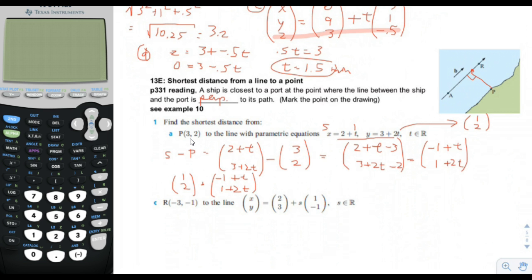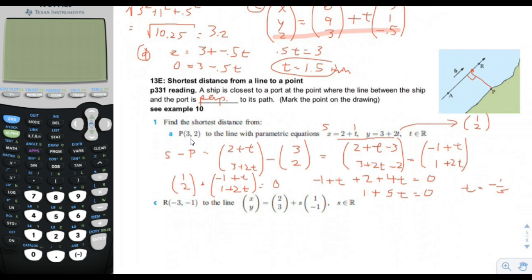If it is 0, then its cosine is 0, and we know it's perpendicular. So we take the scalar product and get minus 1 plus t plus 2 plus 4t equals 0. That gives 1 plus 5t equals 0, so t equals negative 1/5.